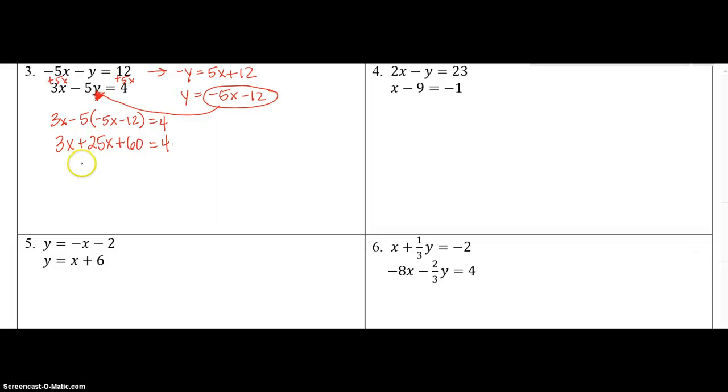Combine like terms, we get 28x equals, I'm going to subtract 60 from both sides and get -56. Did two things in one step there. Divide by 28 and we get -2.